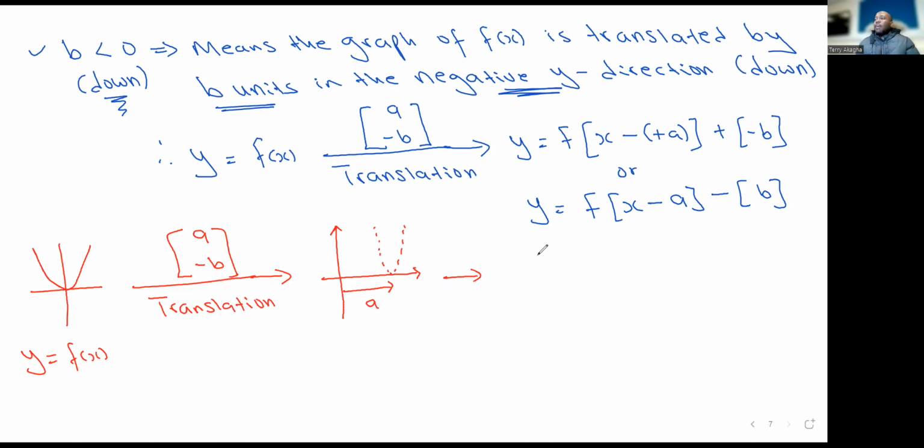So the graph, from the point it is here, is going to move down. Are you seeing it? So it's moved to the right by A, and it moved down to this point by B. So when you have positive A and negative B, it means that the graph moved to the right and down.